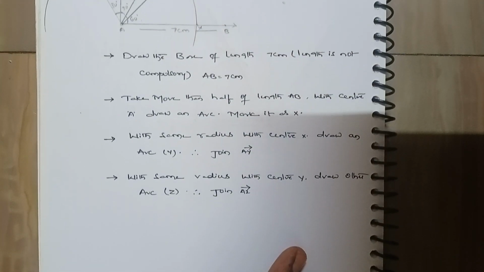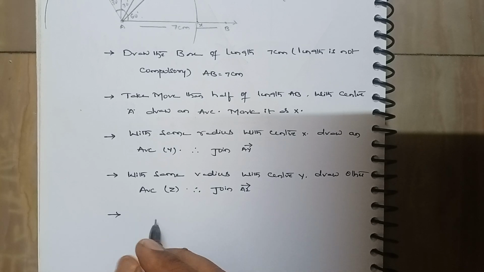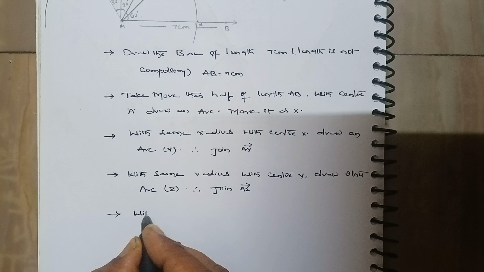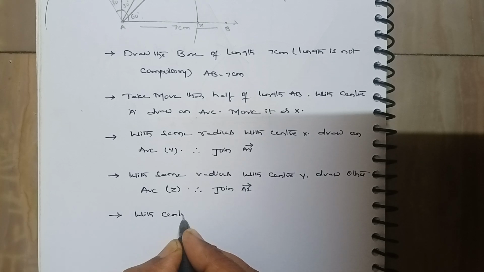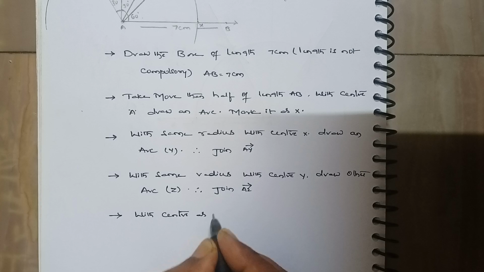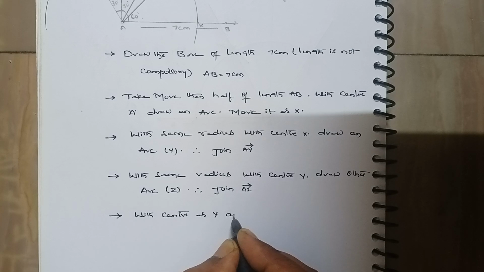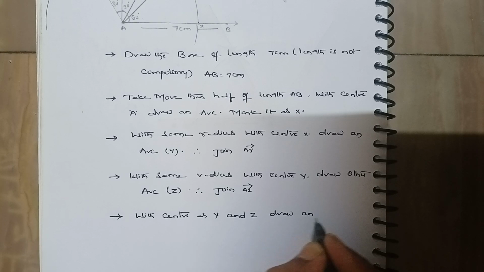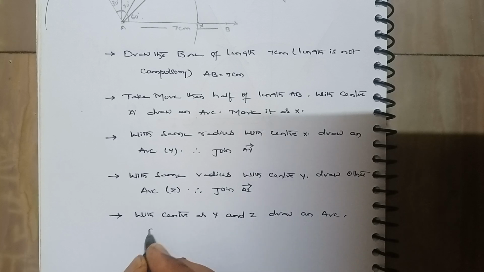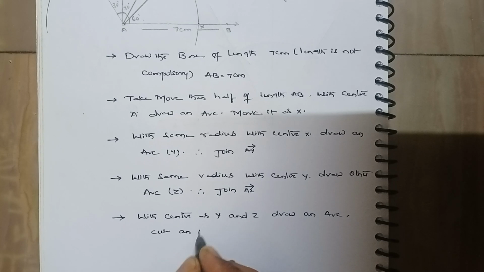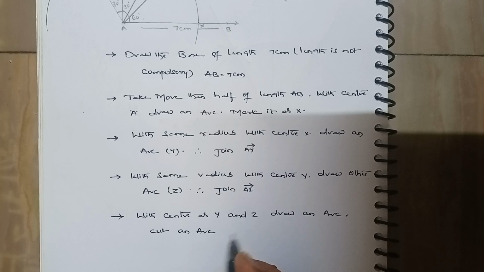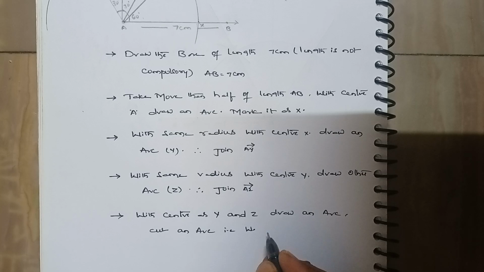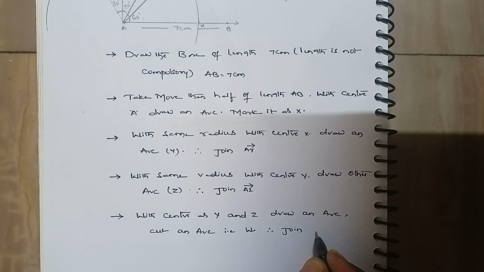That point you mention as W. With centers Y and Z, draw an arc and cut an arc, and that is W. Therefore, join AW.